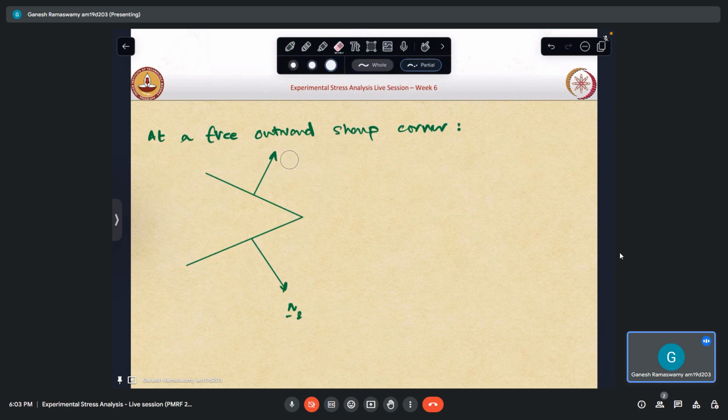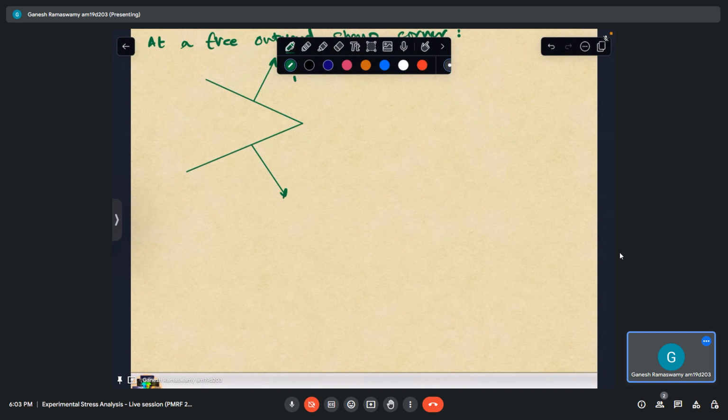In fact, let me use the arrow: n1 vector and let this be n2 vector. So now we know that the traction vector at any surface n is given by the stress tensor operating over the normal vector.